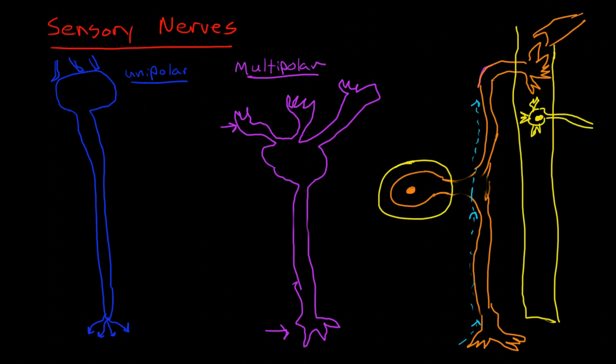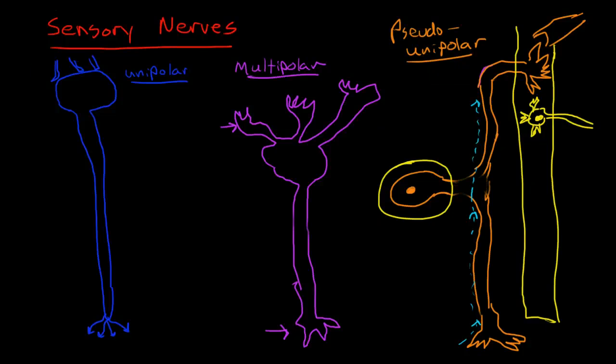So what is it about the function of the pseudounipolar nerves? Essentially, it's nothing really complicated. It just means that an action potential can travel in one direction without going through the soma at all.